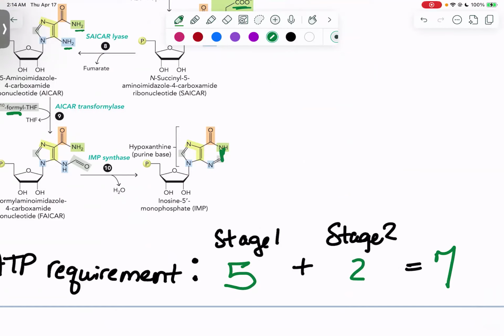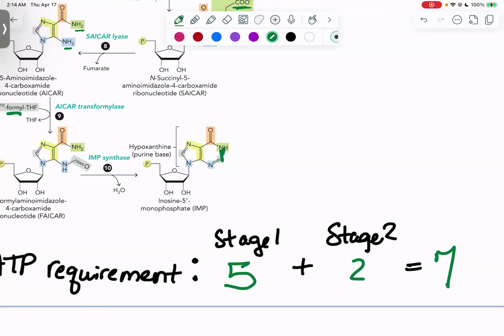This is why salvage of nucleotides is so important. It's expensive to make purines, especially purines, de novo. It's too much ATP. The process occurs in the cell in one big complex, so it doesn't go far, but it requires a lot of energy.